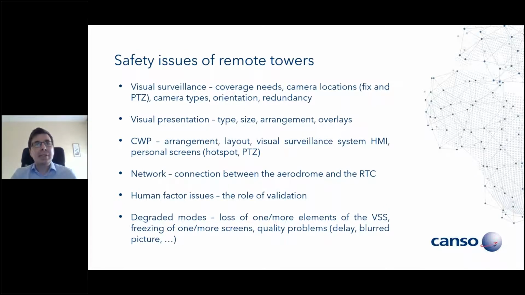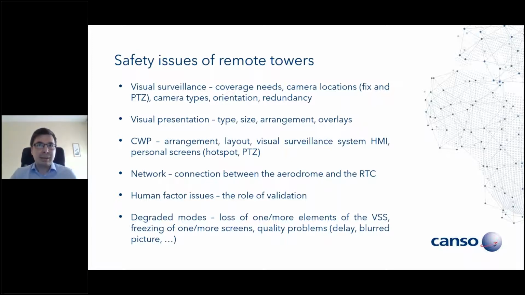What about the safety issues of remote towers? One of the biggest novelties in this technology is the visual surveillance system. So we have to really understand what the air traffic controllers would like to see to provide service safely and efficiently.